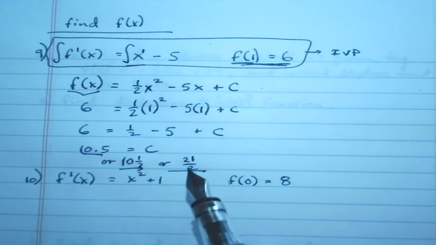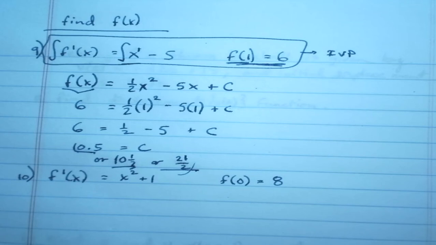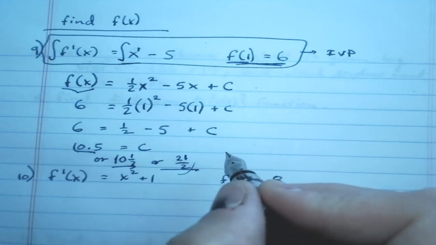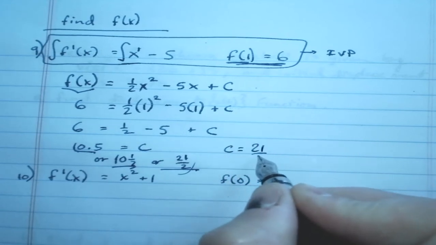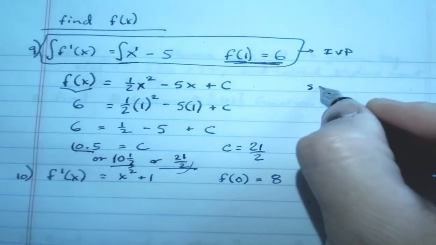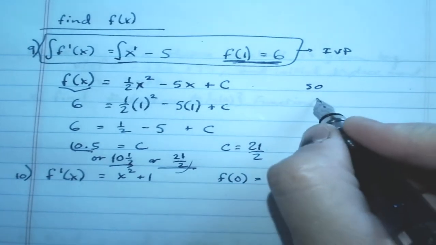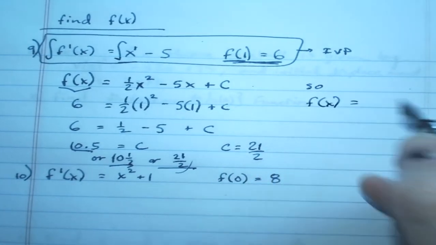I think our book that we're using will require that, so that's what I'm going to use, but it doesn't matter what you use to arrive at that, as long as you get it in the correct form in the end. Okay, so c is equal to 21/2, so f of x is now equal to what?